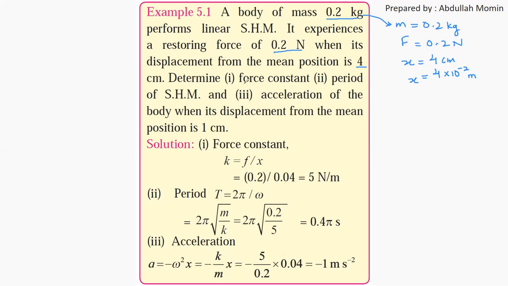So we are supposed to find out the force constant, that is K, the period of SHM, and the acceleration of the body when its displacement from the mean position is 1 centimeter.